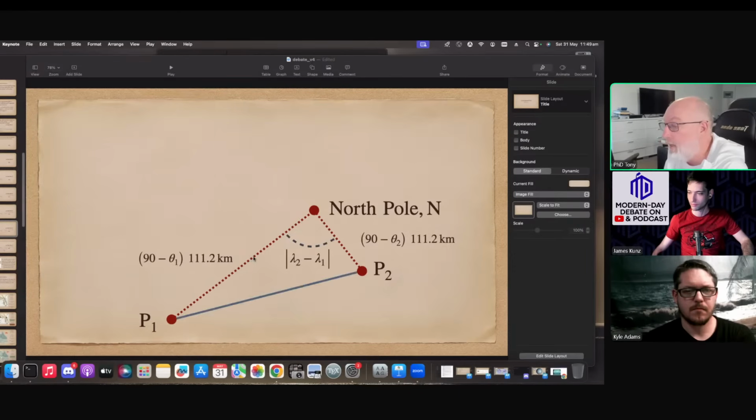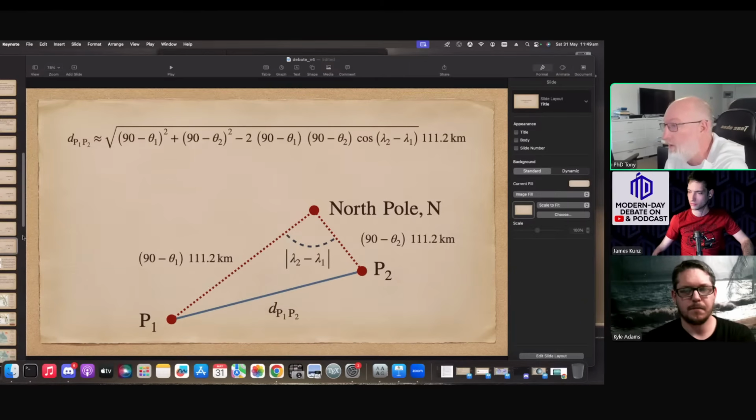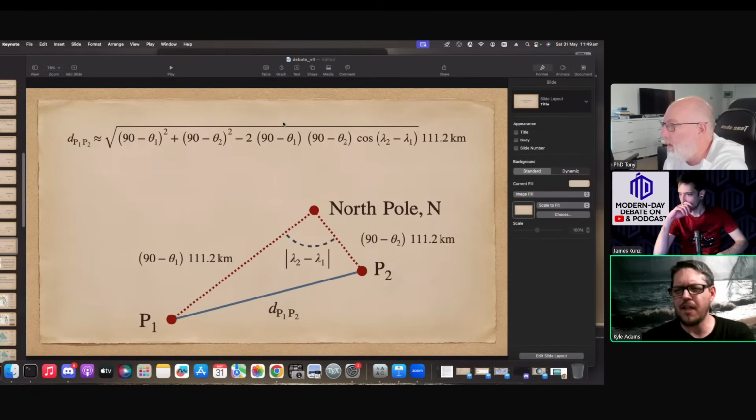I can now solve using high school mathematics. This again is year 10 mathematics. I can solve for the length of that third side using the law of cosines. And here is the resulting formula, it's this formula up the top. So I think we have established that I did present a formula for the flat Earth distance, and that I derived it. Is this the formula you're referring to for flat Earth?